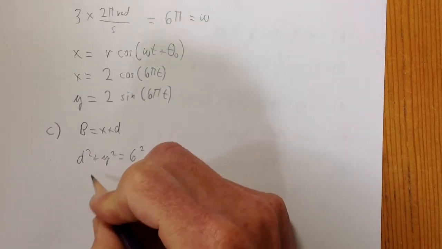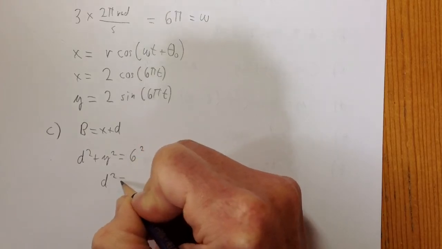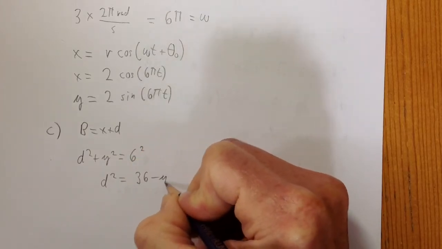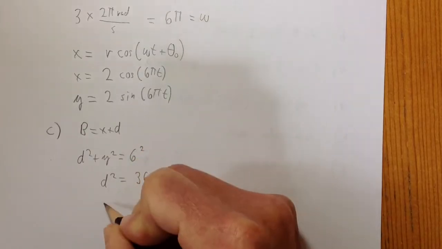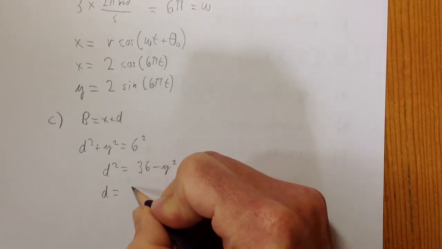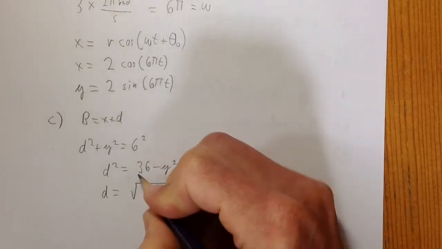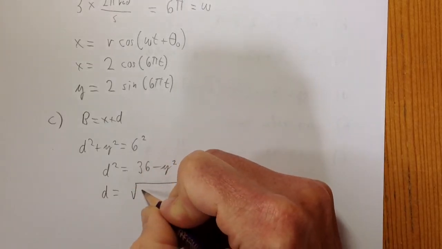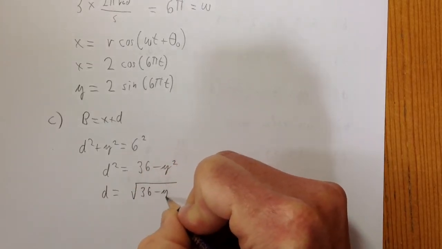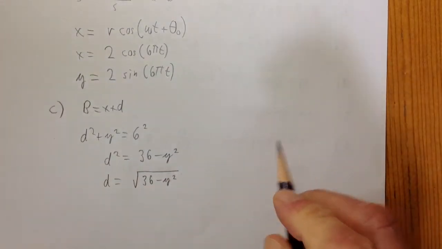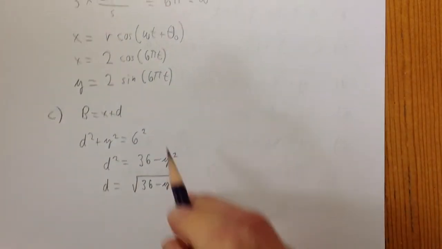We want to solve for d. So d squared is equal to 36 minus y squared, or d is the square root, and it's a positive distance, so we don't need a plus or minus, we want a positive, so 36 minus y squared.